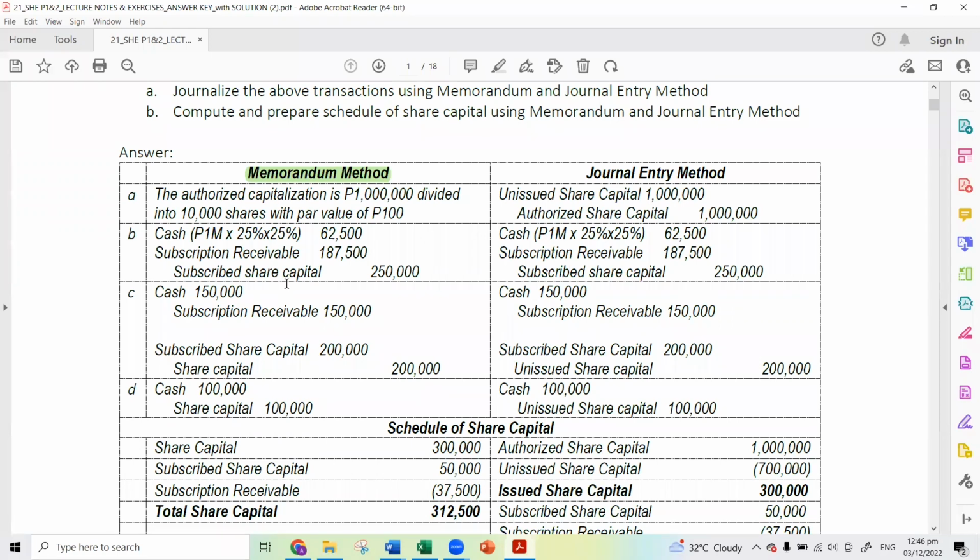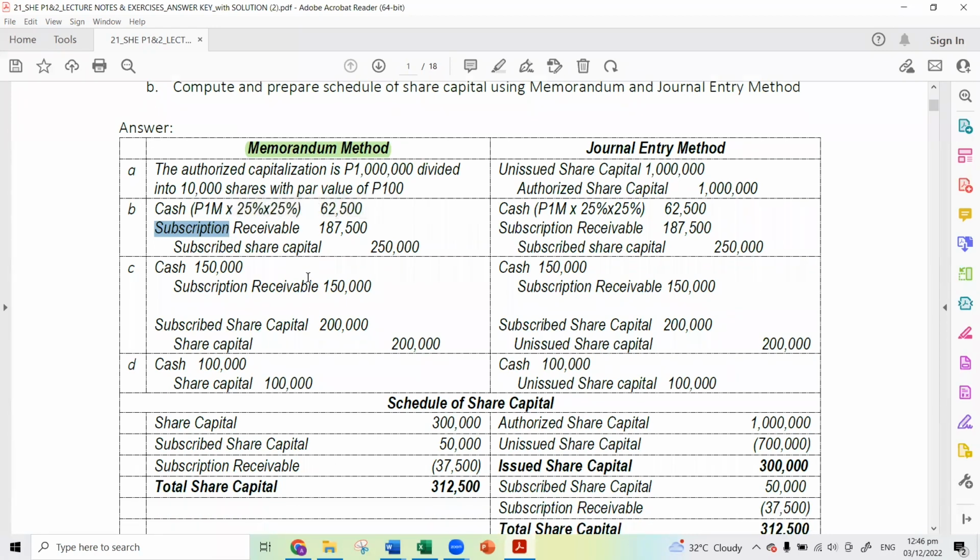So let's dissect again. When we say subscription, class, okay, this is a contract between yung bumibili ng shares, the purchaser of shares. Sino ba yun? Investors. This is a contract between the investor or the purchaser of shares and the issuer. Sino si issuer? Yung corporation. Okay?